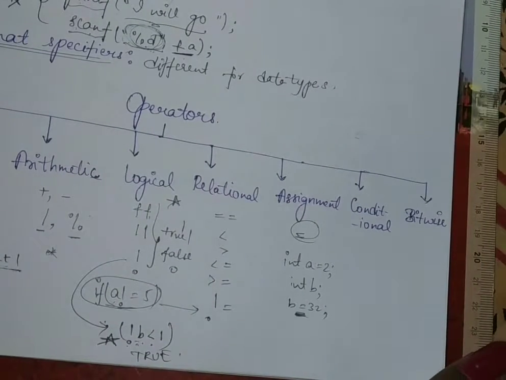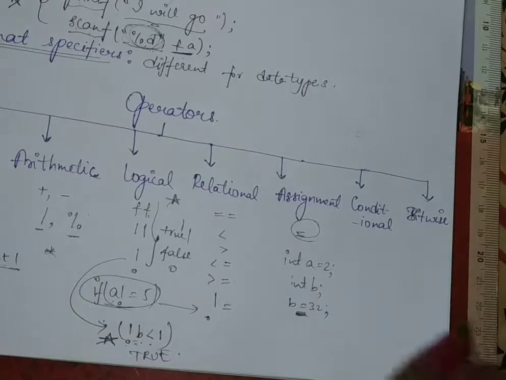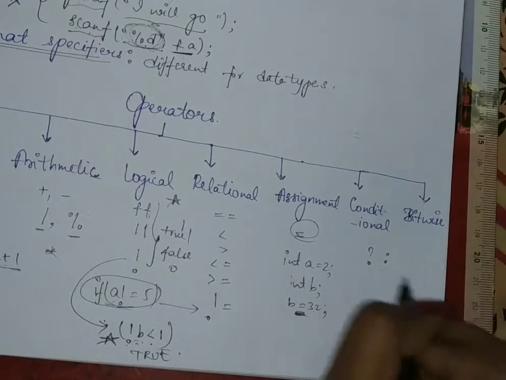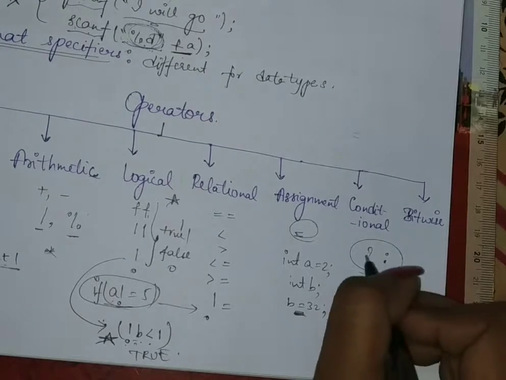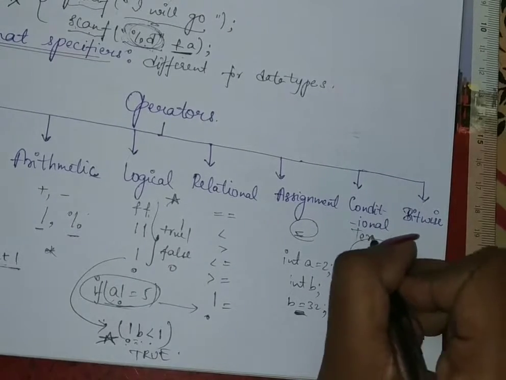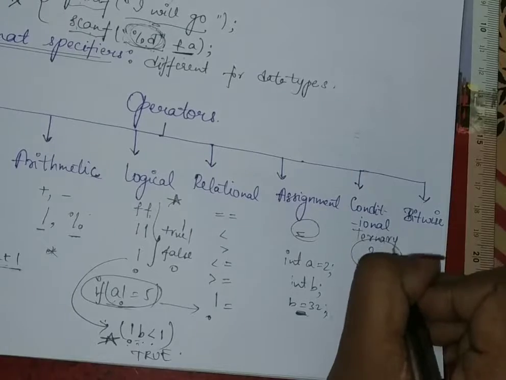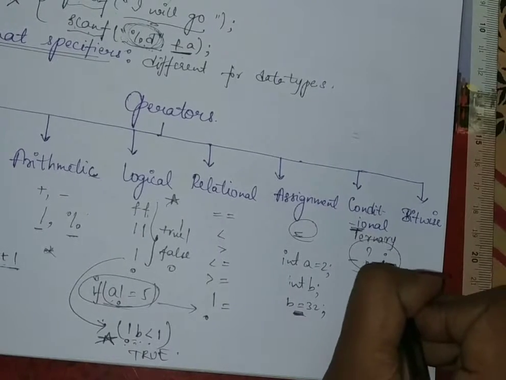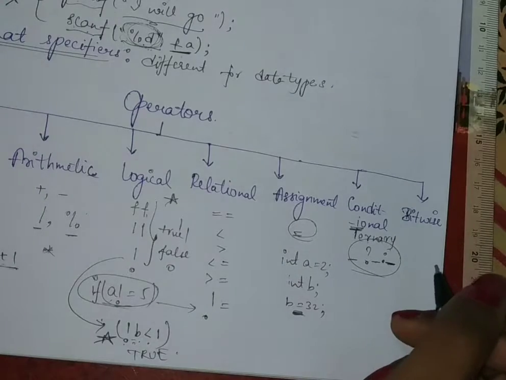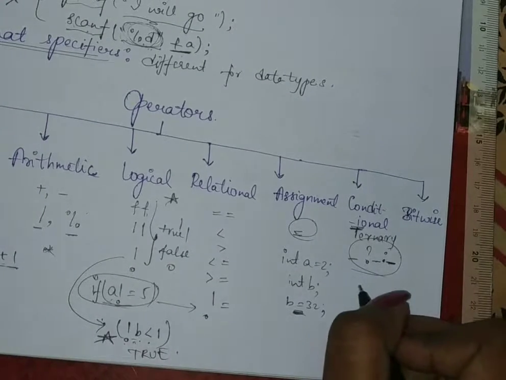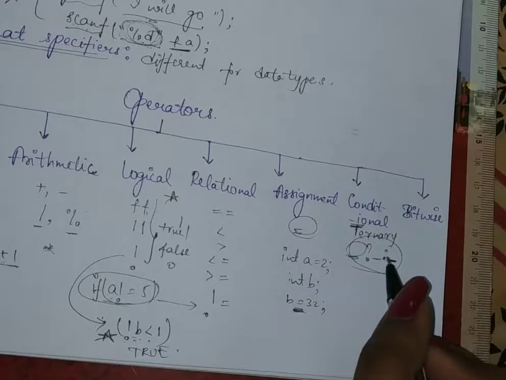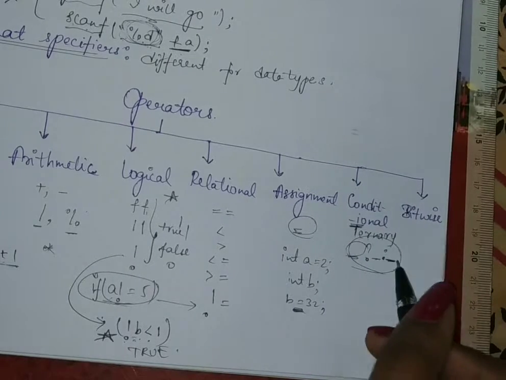With conditional operators, you have a ternary operator in C, which is this. It's called the ternary operator because it needs 3 operands to do its task. Here you give an expression, and here the values or some statements.